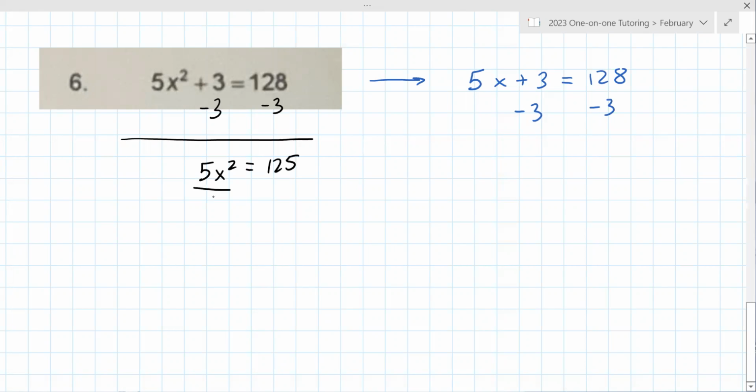Then you would divide both sides by 5. x squared equals 25. So x would be 5, or anything else? Negative 5. Yes, there's always 2 solutions until otherwise stated.